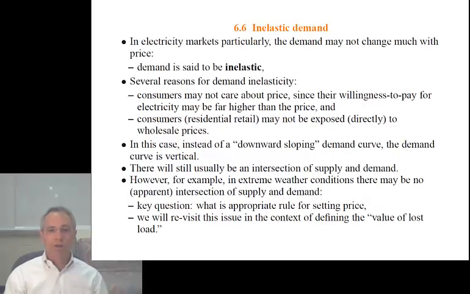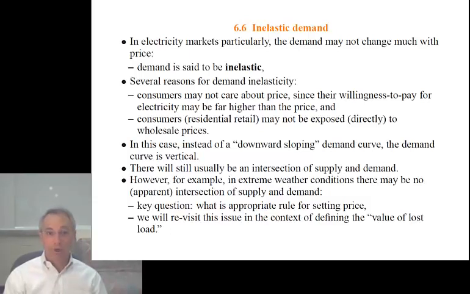In electricity markets, we need to face a particular characteristic that is not very common and not very commonly thought of in other markets. The issue is that the demand may not change much with price. We say that the demand is inelastic. There are several reasons for this inelasticity. For example, the consumers may not care about price.